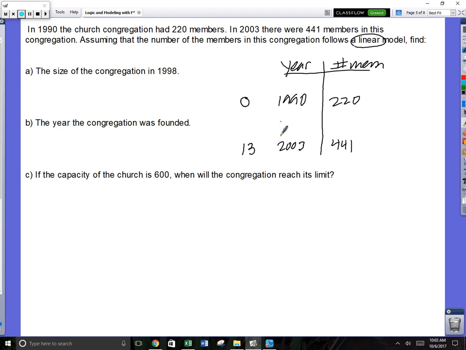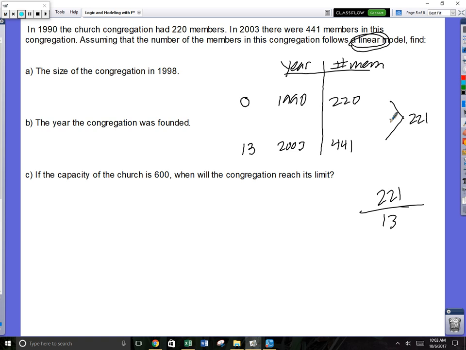So change of 13 years between those 2 points, and let's find the change in members. 441 take away 220. So the change here is 221 members.